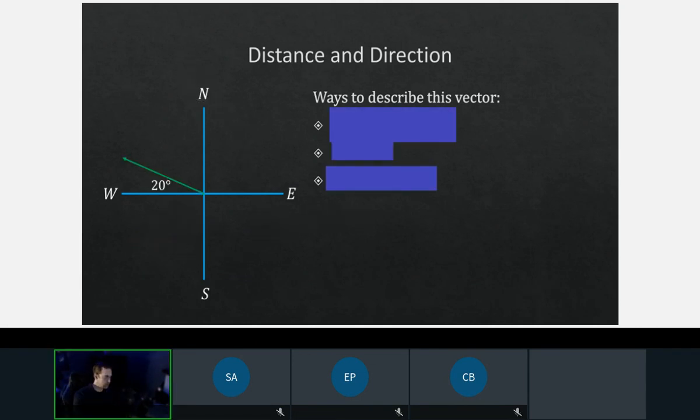All right, let's try another one. Everyone try this. I'll give you a minute to try to write all three ways.